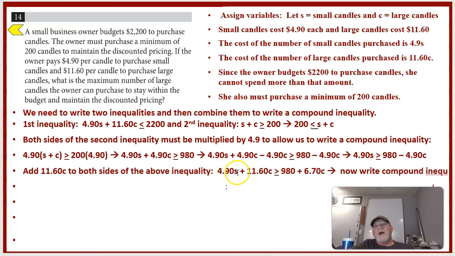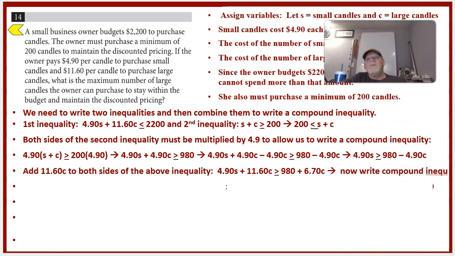So then I get 4.90s plus 11.60c greater than or equal to 980 plus 670c. And now I can write the compound inequality. Keep in mind that I can reverse this if I need to.